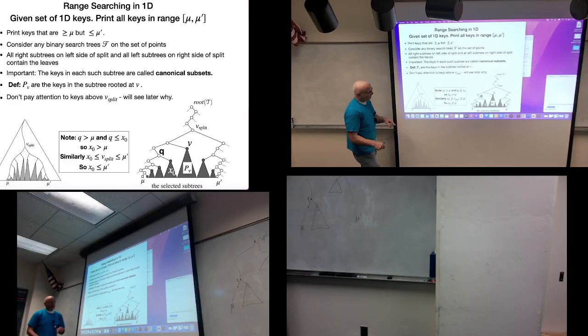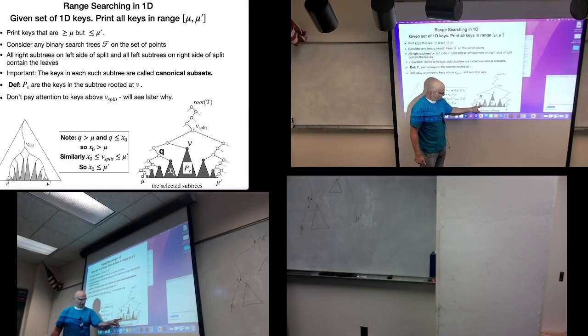Now I look very closely at all the nodes that are stored in this subtree. Let x0 be one of these keys stored in this subtree. What do I know about x0? Every value x0 over here is larger than q, because to get to the subtree I went to the right.